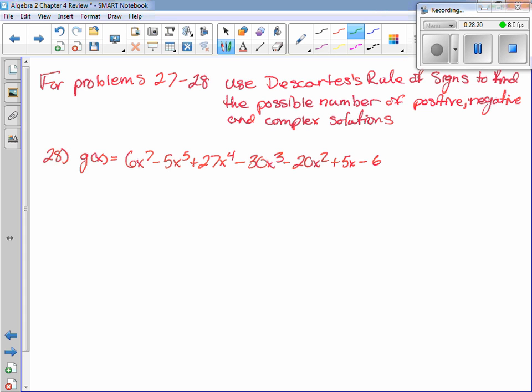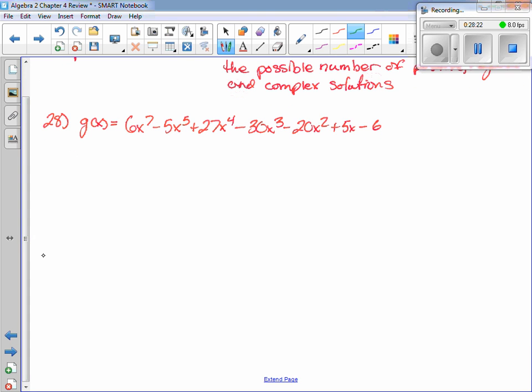Let's look at number 28. So to find the positive, negative, and complex solutions, we're checking the sign changes. So for our positive ones, we just leave the function as it is and count the number of times the sign changes, from positive to negative or negative to positive.